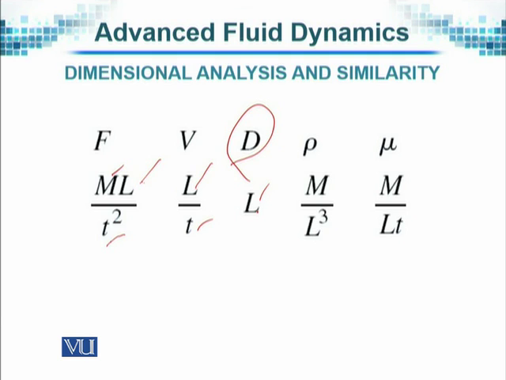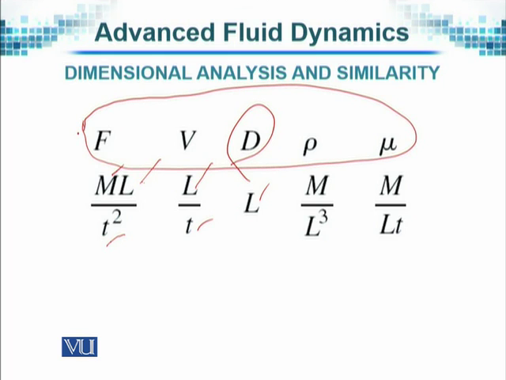So you can see that there are 5 parameters which are dimensional quantities, and they play a role while calculating the drag for a sphere in the flow.